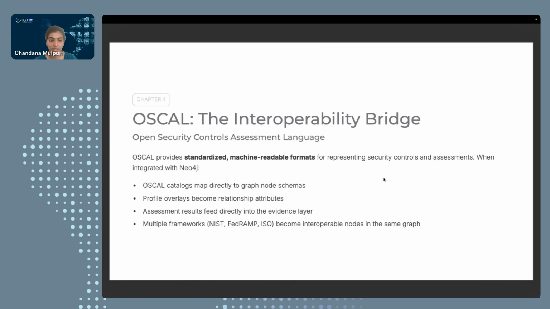When OSCAL is integrated with Neo4j, OSCAL catalogs map directly to graph node schemas. Profile overlays become relationship attributes, and assessment results feed directly into the evidence layer. Multiple frameworks like NIST, FedRAMP, and ISO become interoperable nodes in the same graph, which is a great asset to the team.